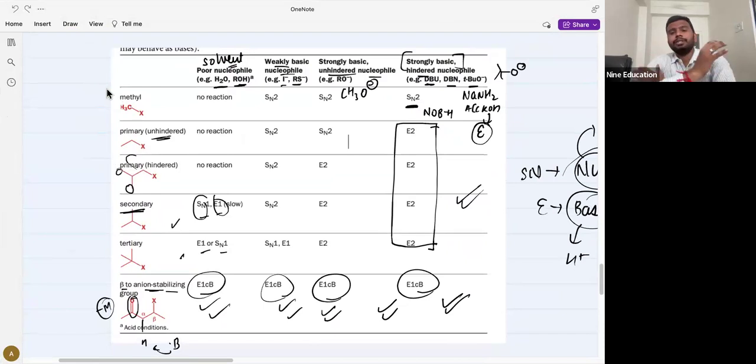The main thing you have to see is whether the reagent which you are using is acting as a base or it is acting as a nucleophile. If it is acting as a nucleophile, you will do SN reaction.